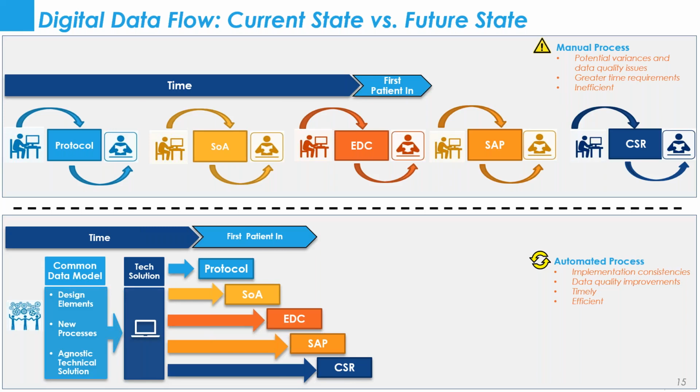Taking that content from a manual linear process and transforming it into a parallel automated process with the ability to feed information to downstream and upstream apps, as well as learn from historical data and other disparate resources. Now push that vision even further into a platform that can assess the overall impact of changes, such as a protocol amendment, and automatically propagate those changes, and you have the vision of digital data flow.